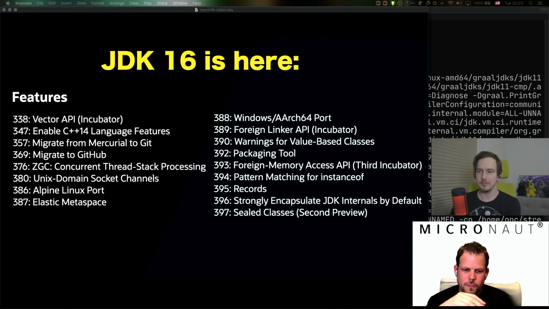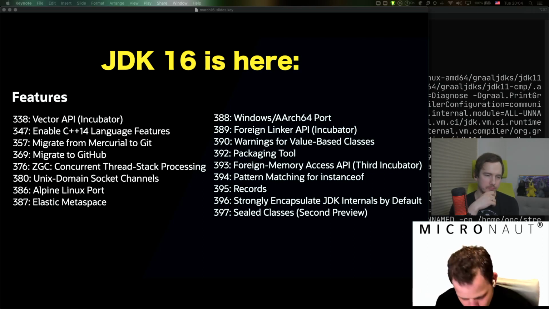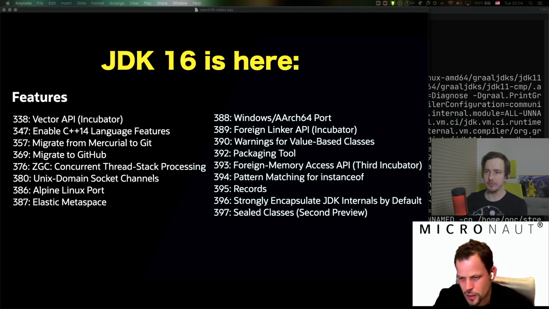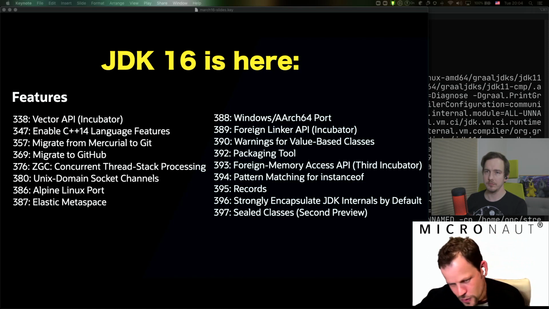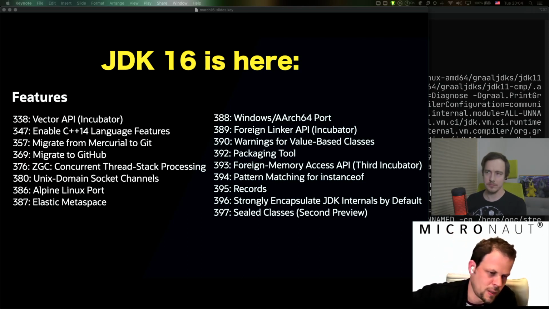I think things like JLink, and I'm not exactly sure, I haven't looked in detail at what the packaging tool means in the context of JDK 16, but certainly it could be important for some people using Micronaut, because Micronaut is used in cases where people are using the module system, or building desktop apps or CLI apps, as well as microservices built with Netty.